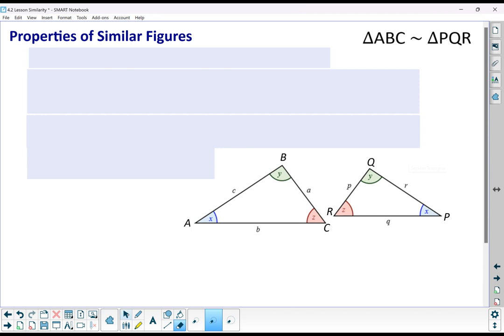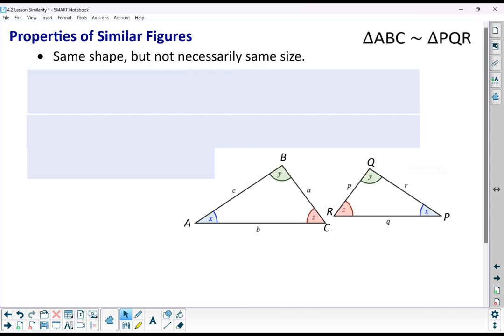So here are the properties of similar figures that we discovered in class. Similar figures have the same shape, but not necessarily the same size. Below, triangle ABC is similar to triangle PQR. They have the same shape, but triangle PQR is a little bit smaller.